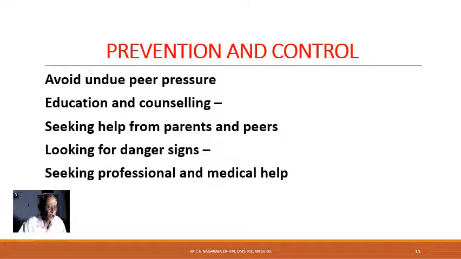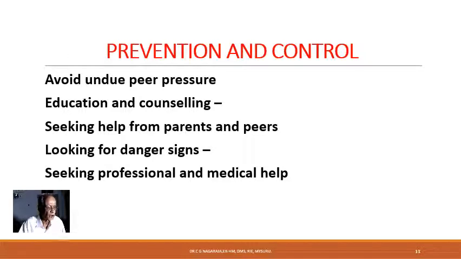So if you are by chance a victim of any of these things, do not hesitate. Go for counseling. Seek help from parents. Seek help from your friends who can help you out. Look for danger signs. There will always be signals given by the body.